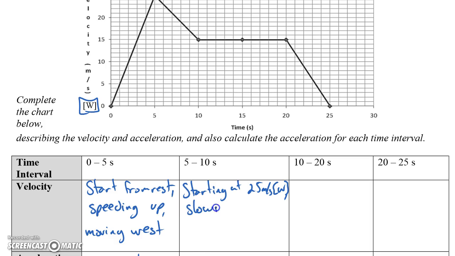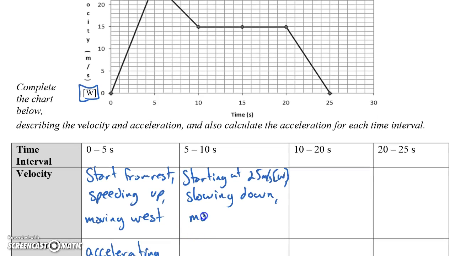No, nobody wants to go slower. But what direction is it going? Again, just look at if the velocities are positive. If they're positive, it's west. So we are moving west. Okay, we've described our velocity.